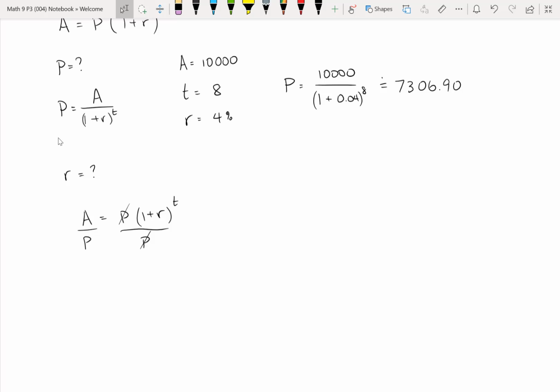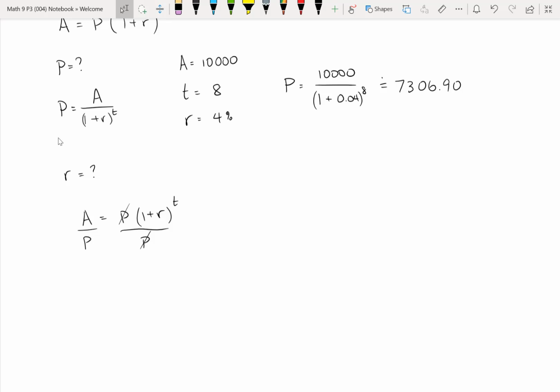How do we get rid of that t and just expose the 1 plus r in the brackets? Well, the way to do that is to raise both sides of this expression to something that will get rid of that t. Now, if you remember your rules of exponents, when you have an exponent and you raise it to another exponent, you multiply those two exponents.